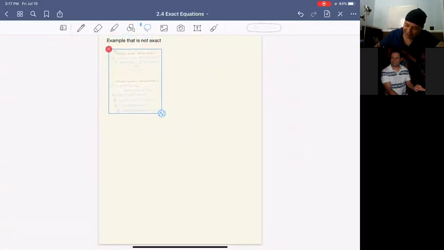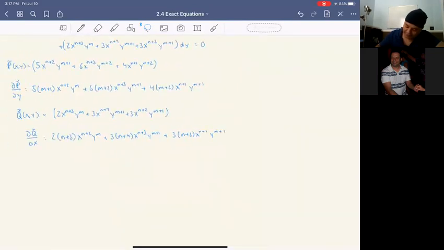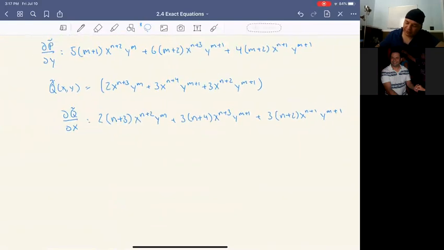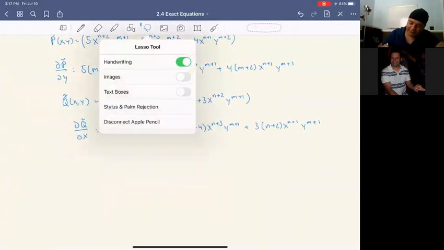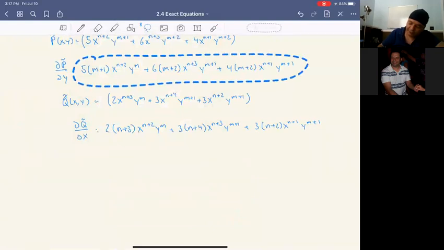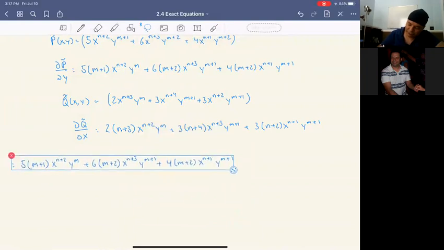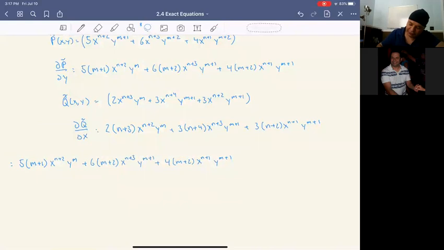I'll just do it like that. Don't worry, I'll make it a good size for you on the PDF. Okay, so let's compare this partial of p tilde with respect to y with this partial of q tilde with respect to x.